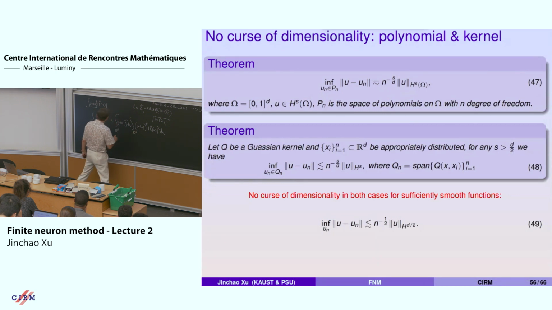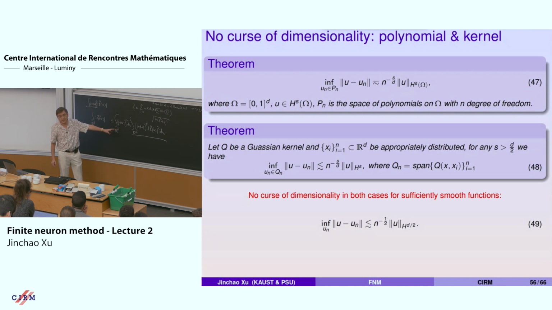Let's do a Schwarz inequality, and this is the Sobolev norm, right? Did I do the Schwarz inequality correctly? I think so, yeah. So in order to have this bounded, you do your math.